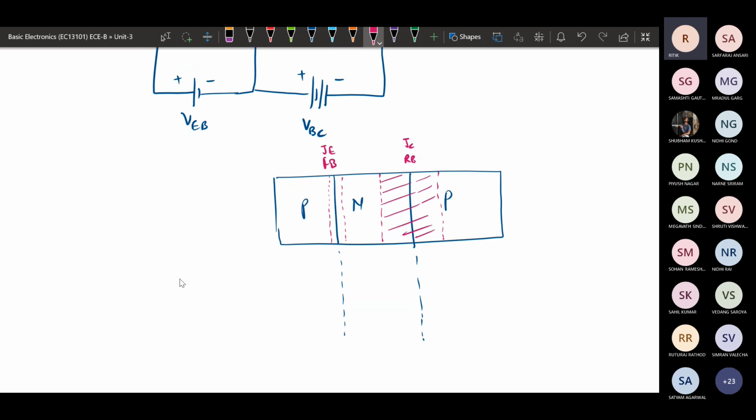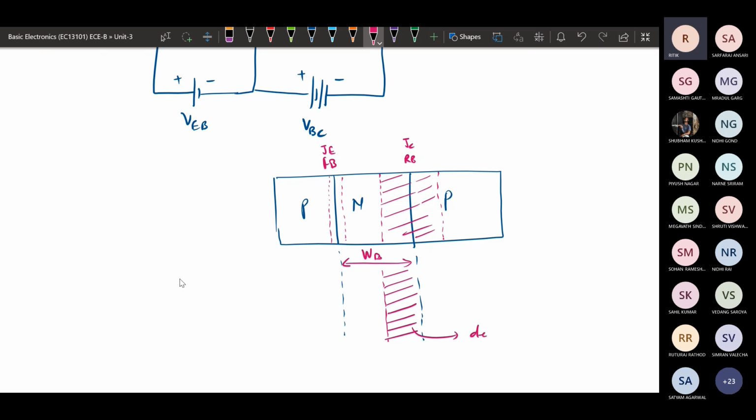As the depletion width on the collector junction side is very high, this depletion will extend towards the base region also. This was the total width of the base, but because of the reverse biasing, this much of the base region is occupied by the depletion charges.